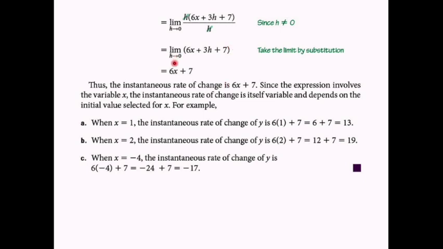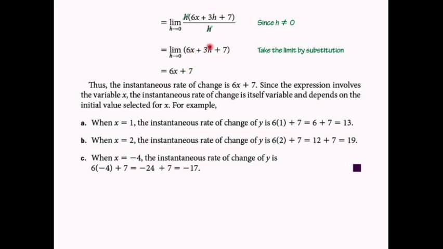So when we take the limit as h goes to 0, that's when we're going to make those two x values get closer and closer to where the distance is pretty much 0. So when we use direct substitution to find the limit, I have 3 times 0. This is going to disappear. This 6x and this 7 do not have anything to do with h. So we just carry that down.